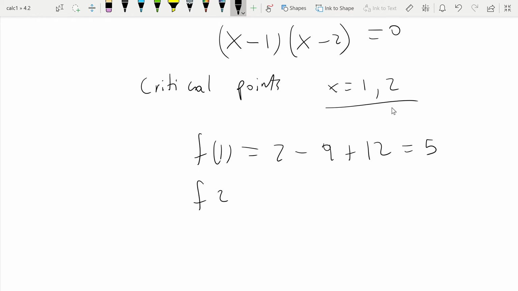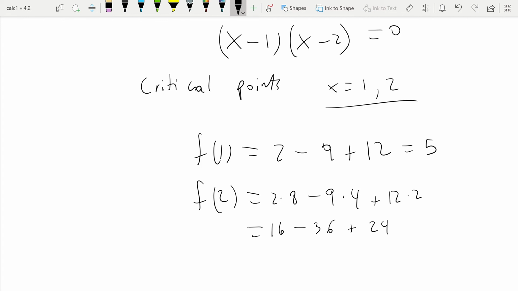And what is f at 2? f at 2 is 2 times 8 minus 9 times 4 plus 12 times 2. So 16 minus 36 plus 24 is equal to 4, I believe.